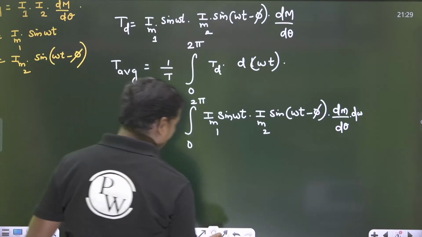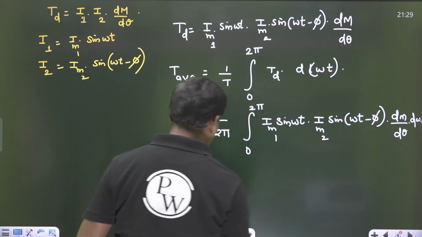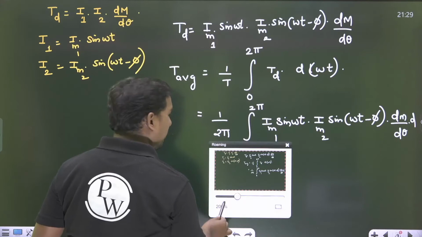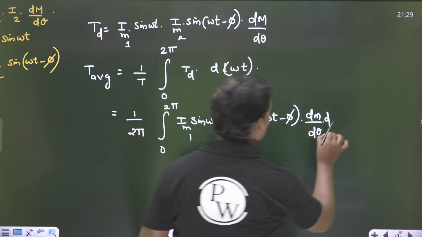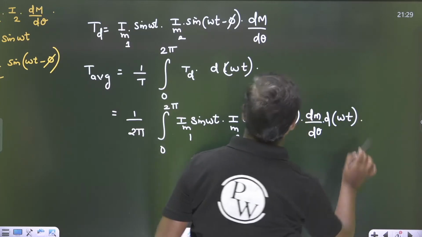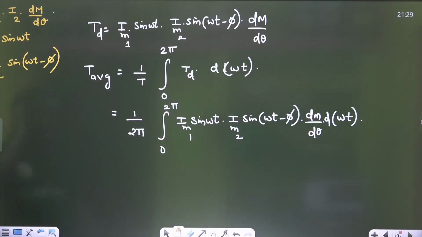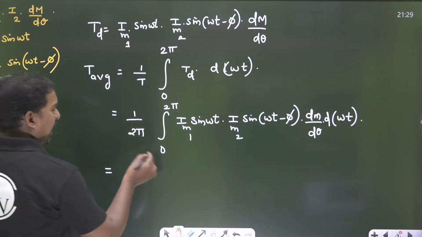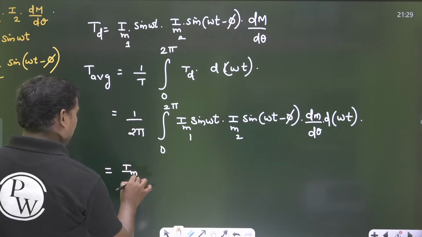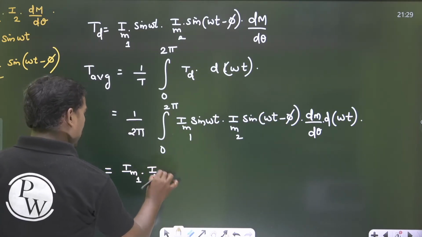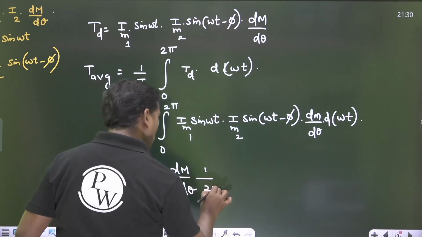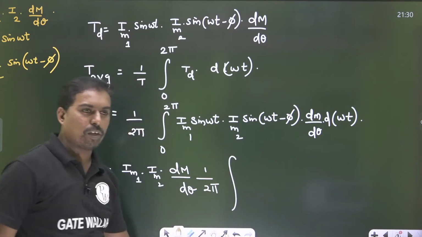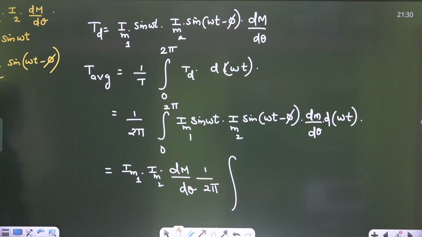Now I can take Im1, Im2, dM by d theta out, and 1 by 2 pi, because we are going to measure the average torque.